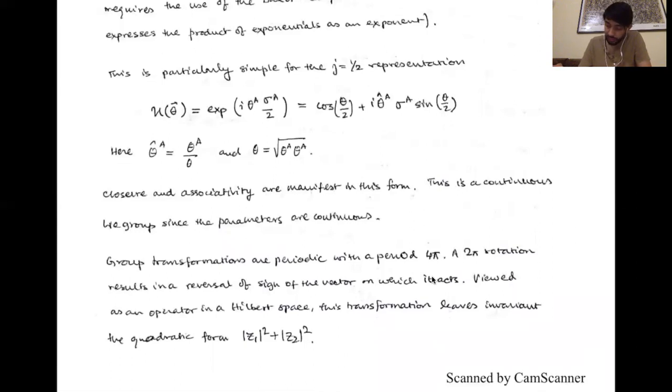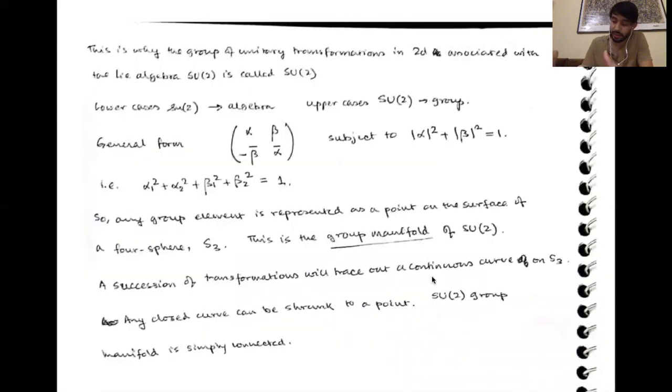Okay, so another thing that is obvious is that if you're looking at this as an operator in a Hilbert space, this particular transformation will leave invariant the quadratic form z1 squared plus z2 squared.